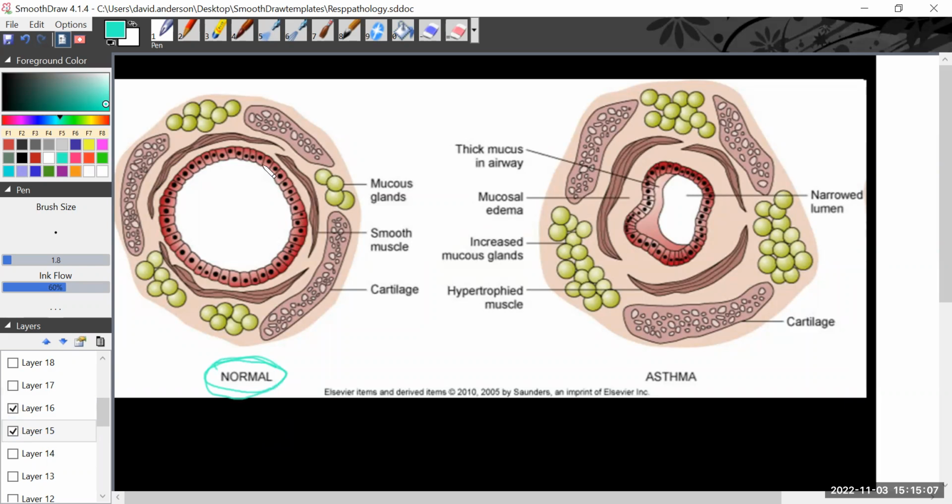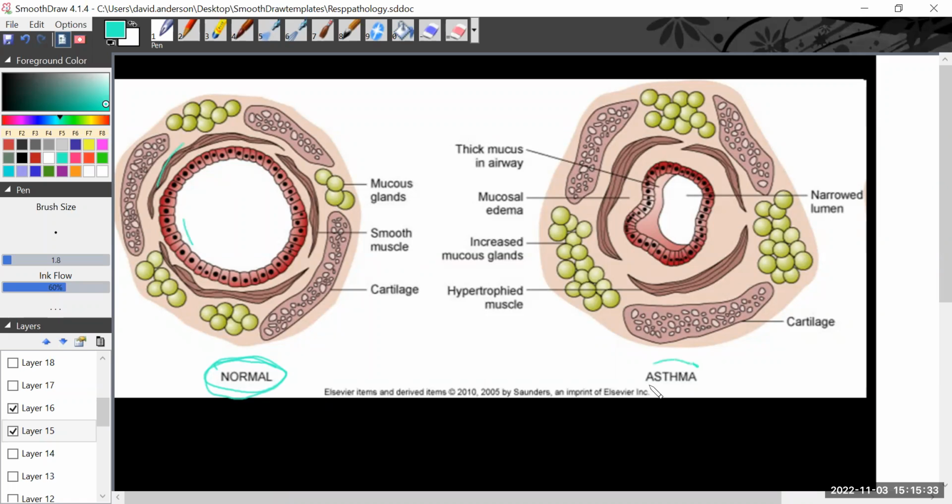Here's our pseudostratified columnar epithelium on the inside. We've got some smooth muscle that can respond to the autonomic nervous system for dilation or constriction. We've got some mucus glands, so this is like a submucosal layer of this airway pathway. A nice open lumen and nice organized layers below that epithelium.